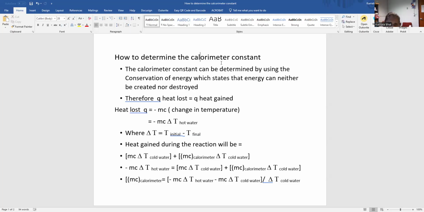Remember that the sign of heat lost is minus mcΔT because I'm using the rule that ΔT is equal to T final minus T initial. But if you flip it around, then it becomes T initial minus T final. And that is how you can put it in and have the correct sign in place.